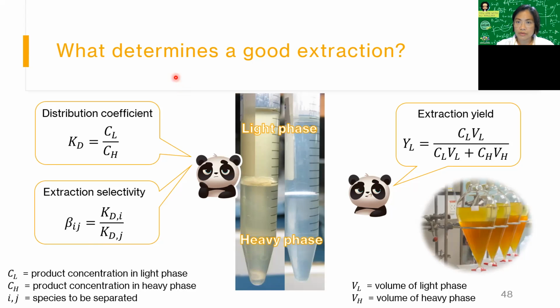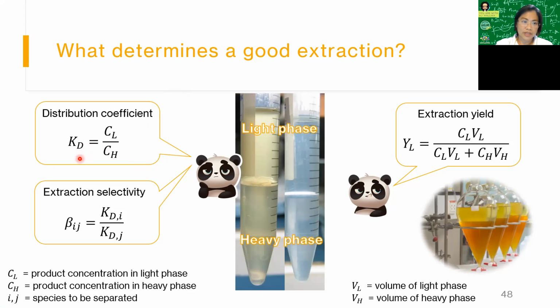What determines a good extraction? There are three terms that you need to understand a little bit. It doesn't matter if you can calculate them or not, but at least you should understand them. The first term is the distribution coefficient. It's called the distribution coefficient because the product has to distribute between the light phase and the heavy phase.